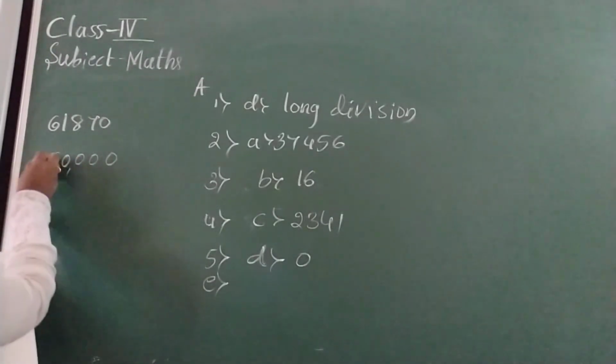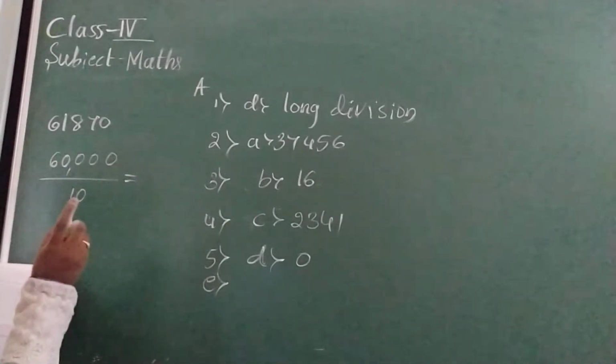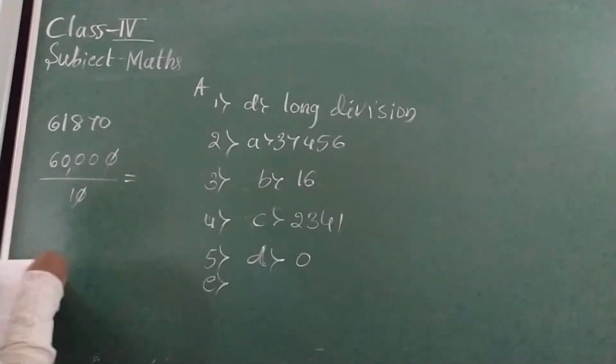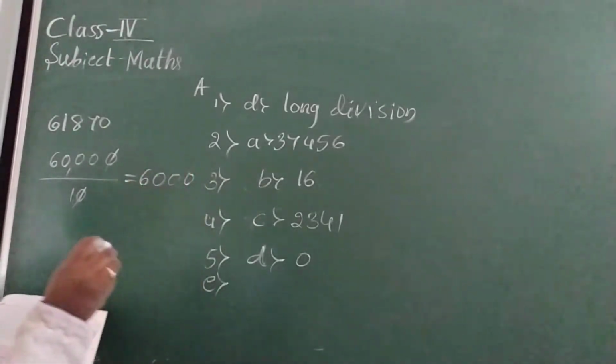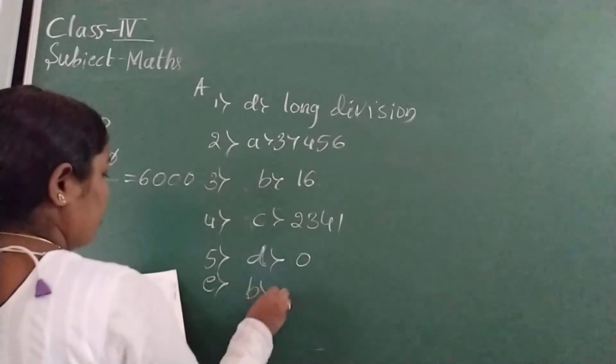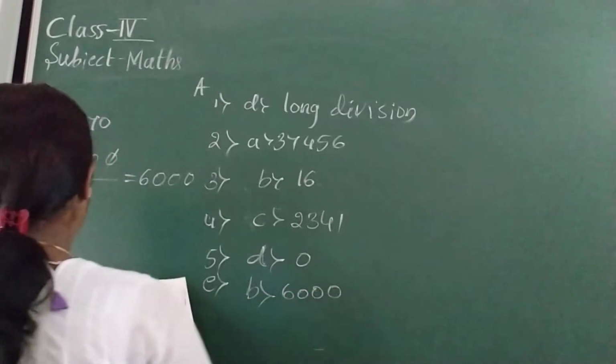So 60,000 divided by 10. The 10 and the 0 will cancel. What will be the answer? 6,000 will be the answer. So option B, 6,000.